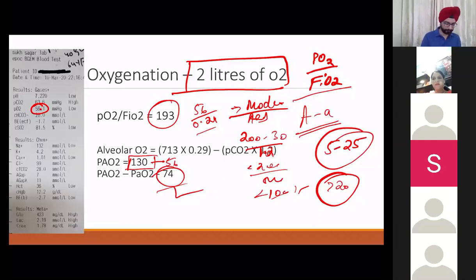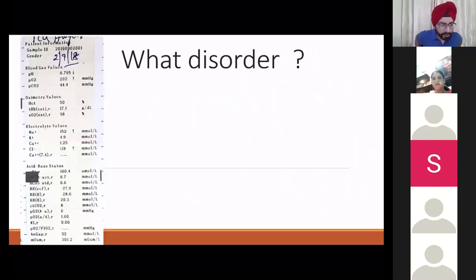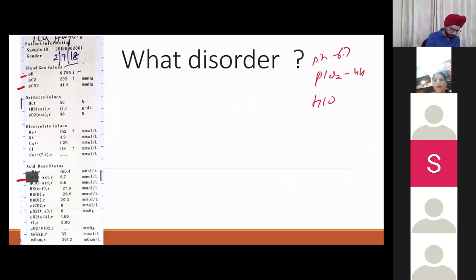Okay, yeah. Next, can anyone tell me what the disorder is? So the pH is 6.7, right? I need an answer. Just look at pH, PCO2, and bicarbonate. So pH is 6.79 or 6.8. PCO2 is 44, and bicarbonate is 6.7.